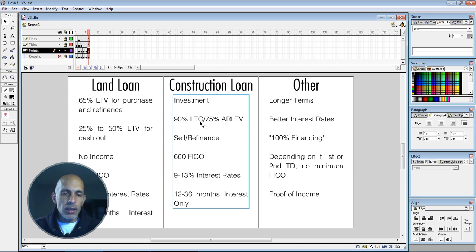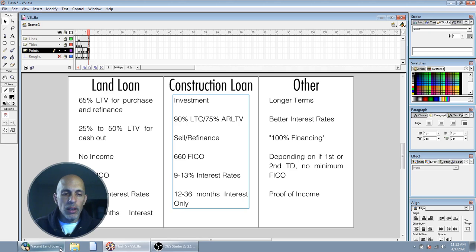So let's say it's a $1 million project and the total cost is $1 million, including purchase of the land or if you already own it. And on these ones, we will include the value of the land. So let's say you own a piece of land for $200,000. Total cost is $1 million. We'll give you $200,000 credit towards that. So you're only looking at a total cost of $800,000.